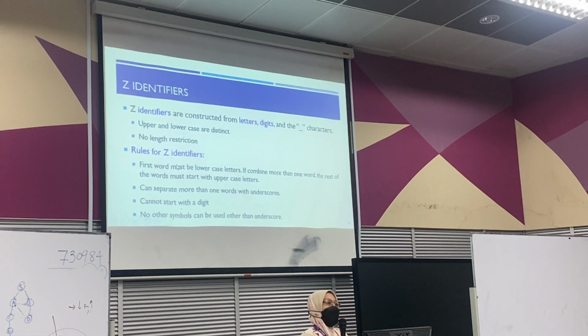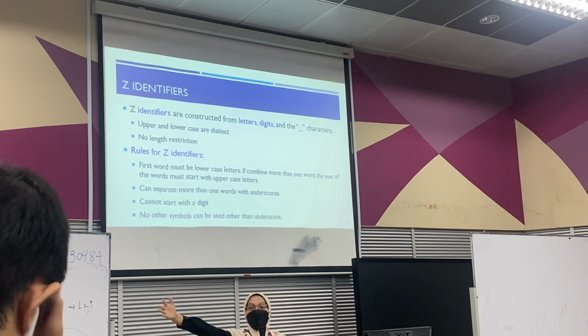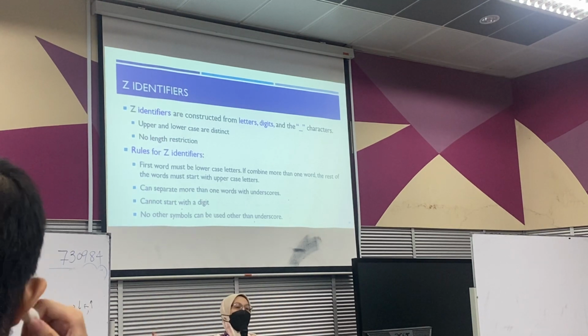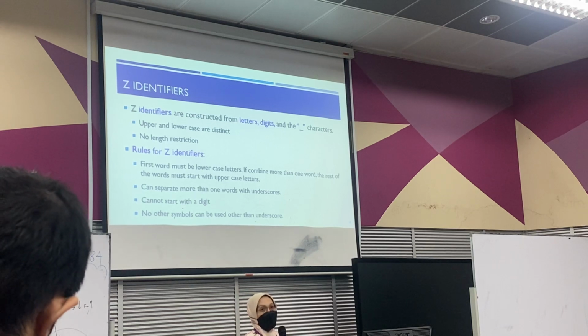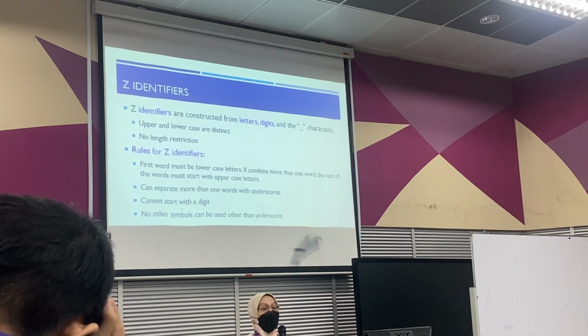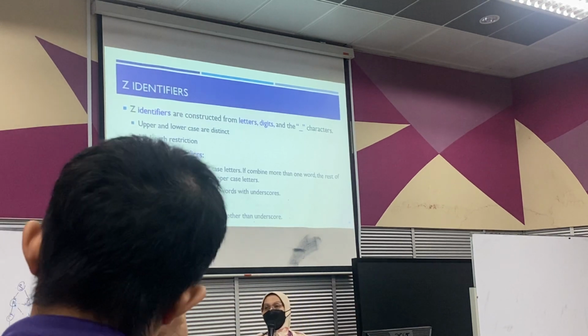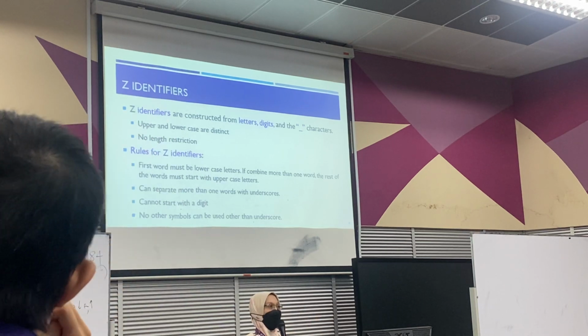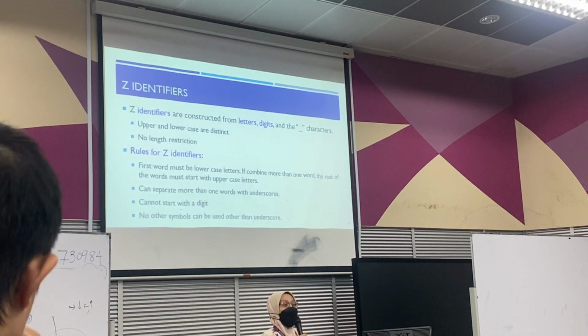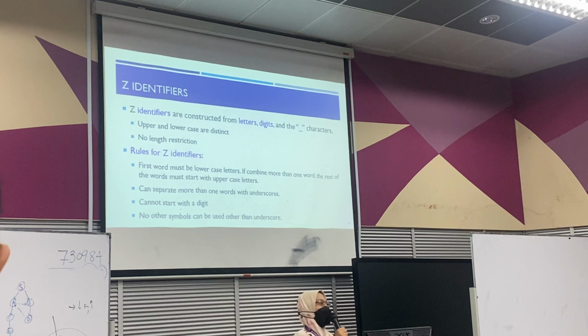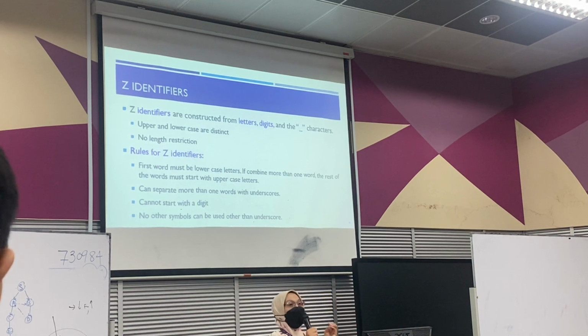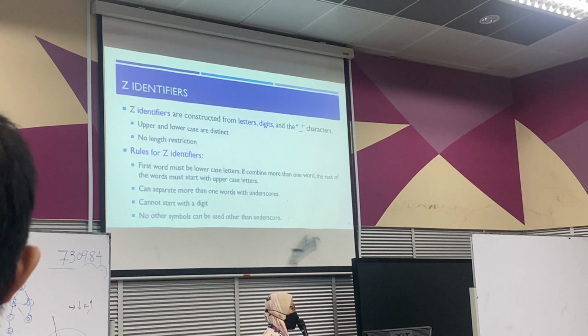In Z schema we don't put length restriction, so you can put as long as you want. But my suggestion, don't put too long, because later you want to repeat it, how many times you call the variable. And don't put too short like A B C, confusing for you later, also confusing for me later. Put a very good identifier name, not too long, not too short.